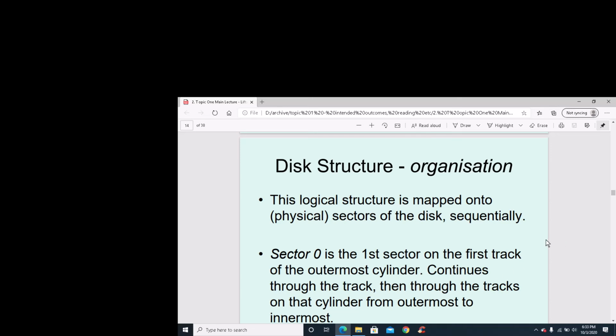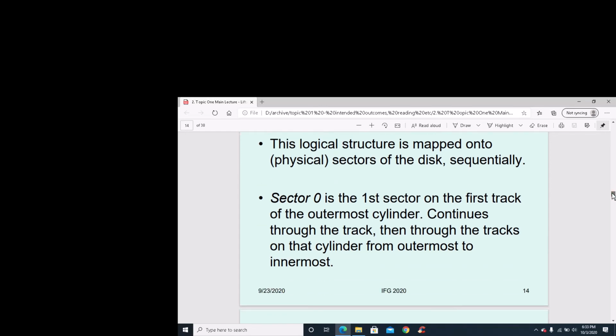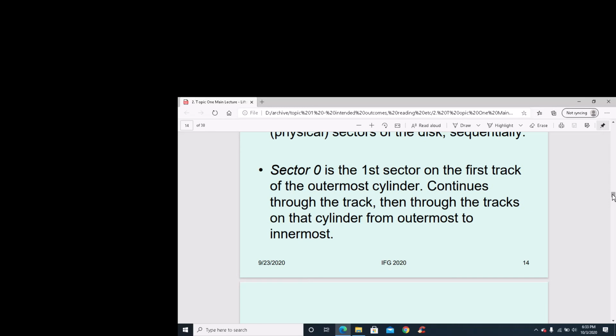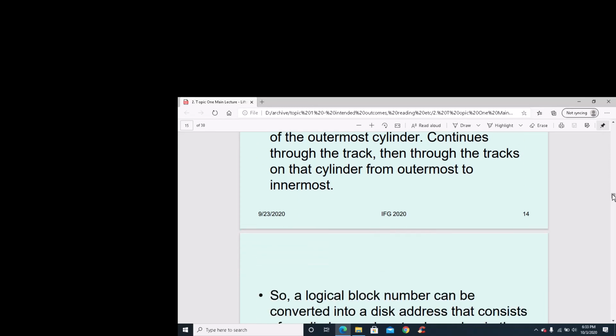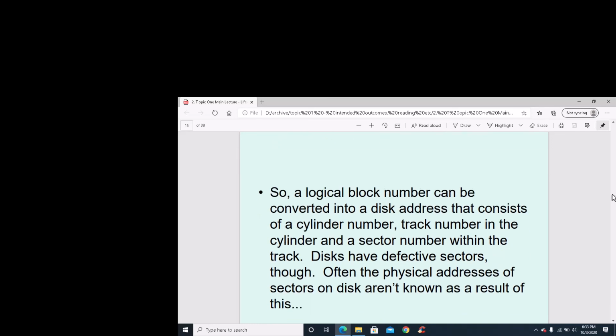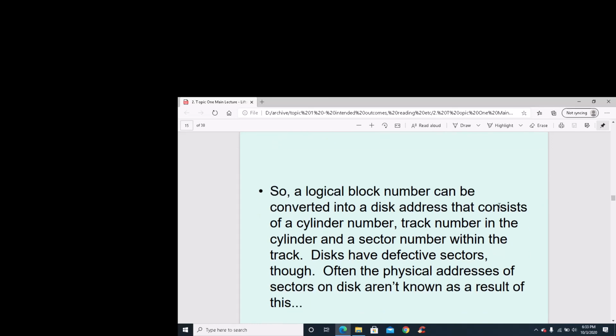Problem is, in microelectronics and engineering, nothing's ever really perfect, and there's every possibility that a given disk does have defective sectors. In other words, there are sectors that you can't actually use. You can't read data from them, you can't write data to them, just because of imperfections of the manufacturing process.